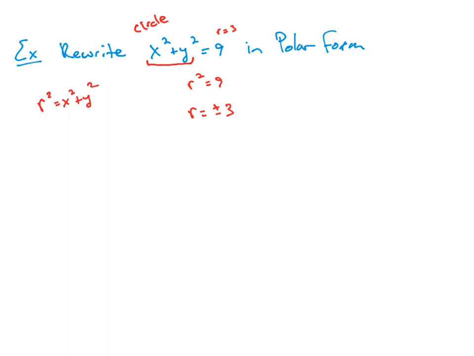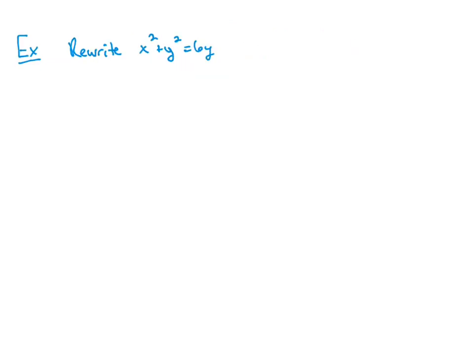Let's look at one that's a couple steps. So let's rewrite x squared plus y squared equal to 6y into polar form. Well, what we just saw is this can be rewritten as r squared is equal to 6y. Now because we still have a y variable, this is not yet in polar form.